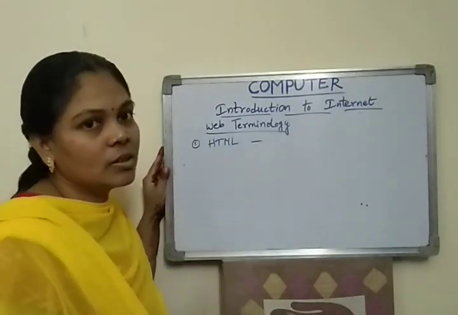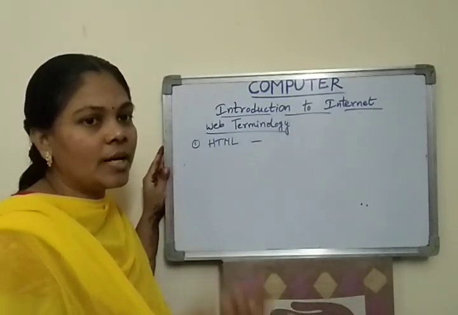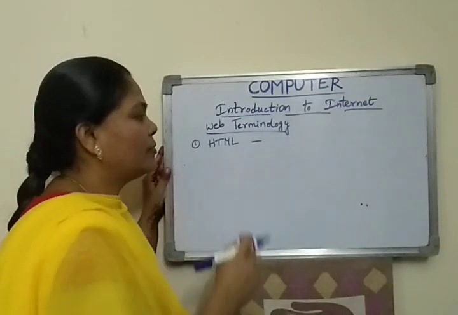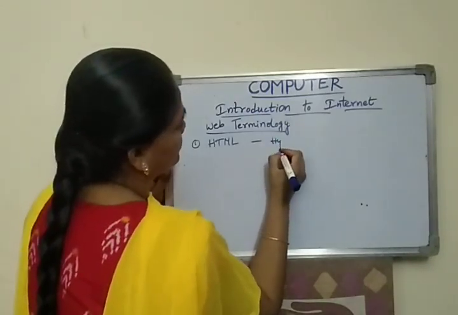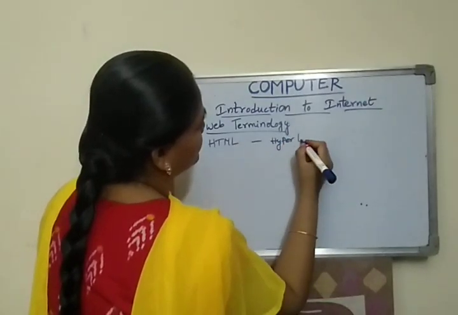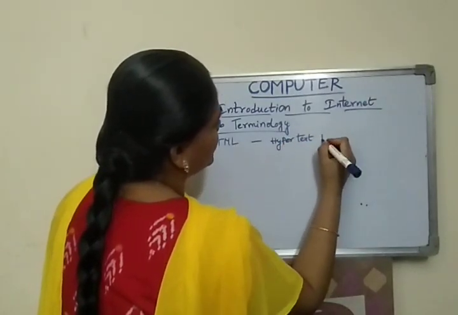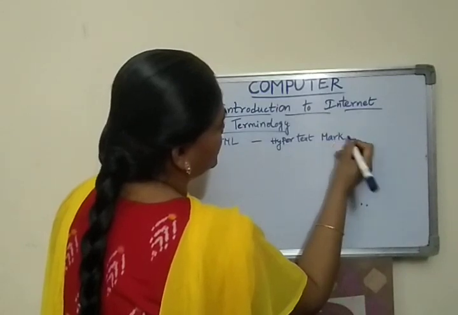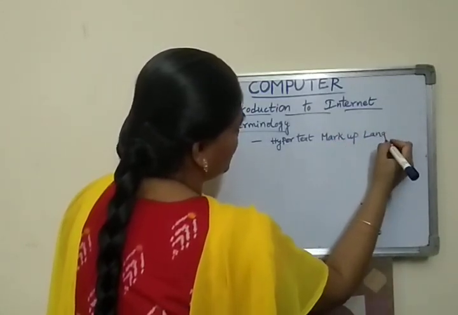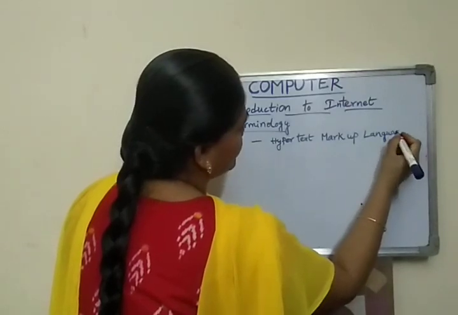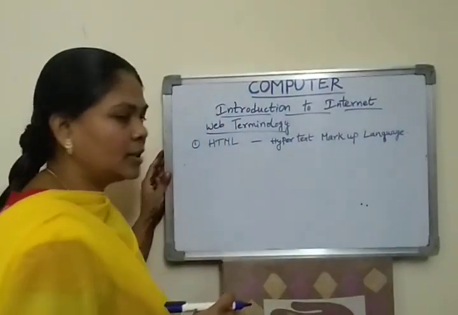Using this, it provides you the links to other web pages in the same website or in another website. It's a language. We write programs using this hypertext markup language. How to write all this we'll learn in the third lesson.